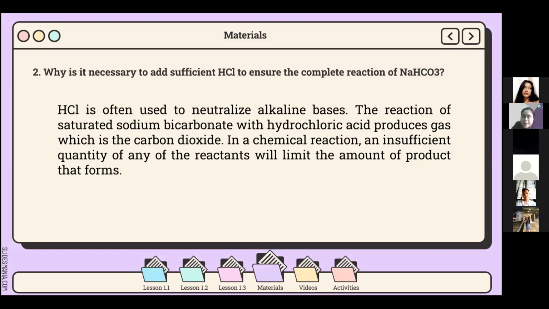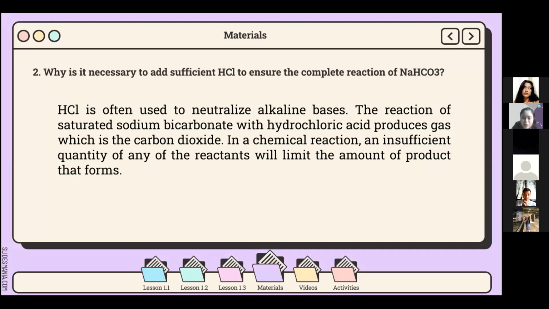So you have there initially 2.79 sodium bicarbonate, I mean, sa grupo ninyo, hindi natin alam yung sa kabilang grupo kung ilan yung ginamit nila, but nevertheless, we really have to add sufficient amount of hydrochloric acid for us to ensure that the total 2.79 grams na sodium bicarb is used in the reaction.